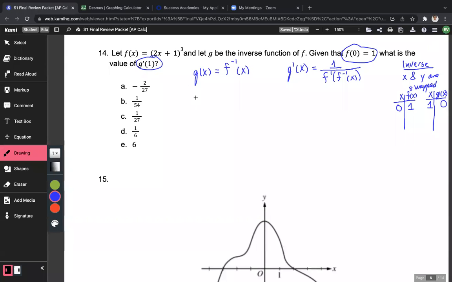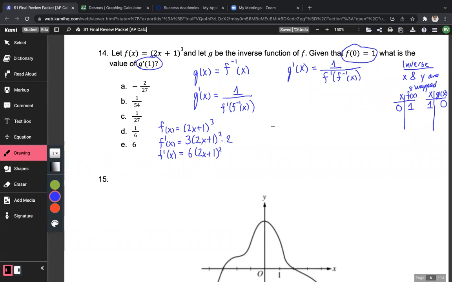All right, so let's get down to that. g prime of x we said was equal to 1 over f prime of f inverse of x. So f prime of x, we said f of x is equal to 2x plus 1 cubed. f prime of x, some easy power rule stuff, is just 3 times 2x plus 1 squared. Do not forget your chain rule, times the derivative of 2x plus 1. So f prime of x is equal to 6 times 2x plus 1 squared.